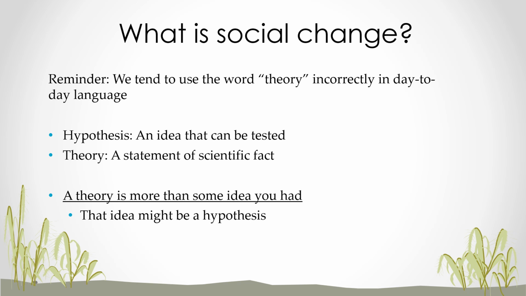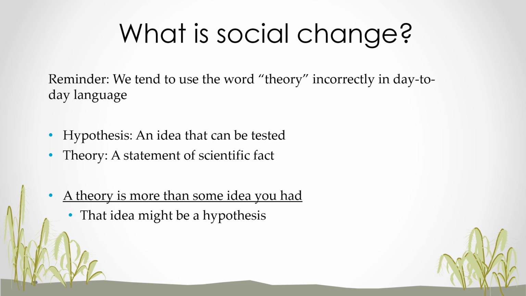This is just something I harp on, so if you've heard this before, please stare at the wall or something. We tend to use the word theory incorrectly in our day-to-day language. But there is a difference between a theory and a hypothesis. A hypothesis is an idea that can be tested, and a theory is a statement of scientific fact.